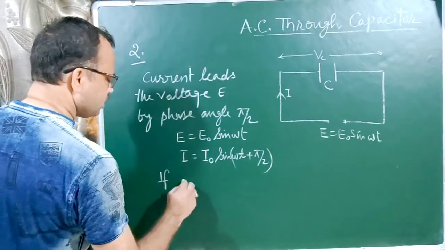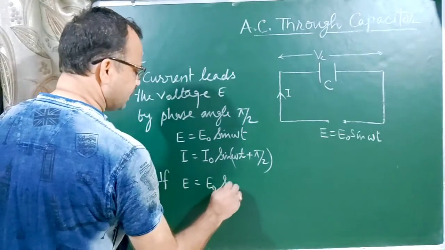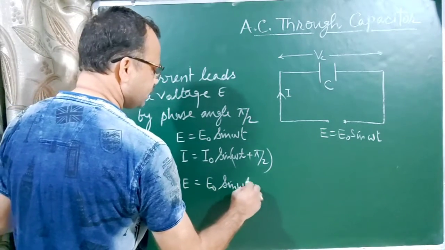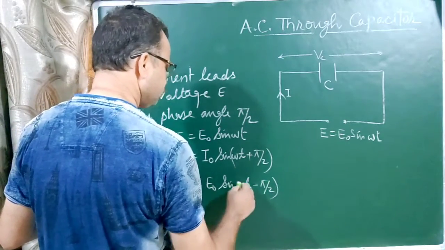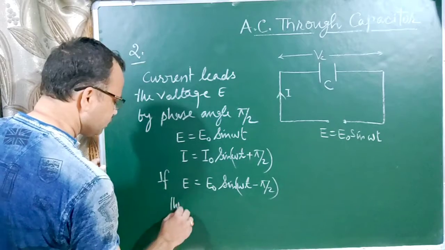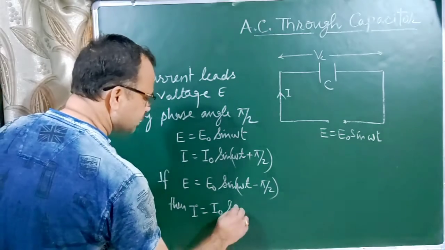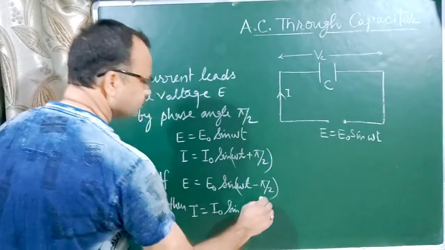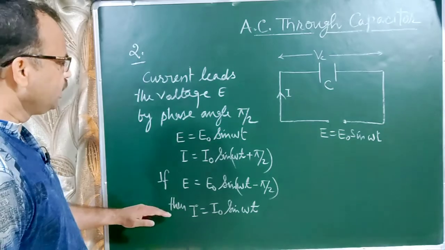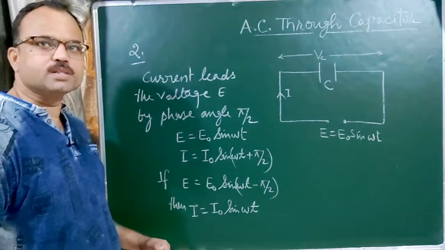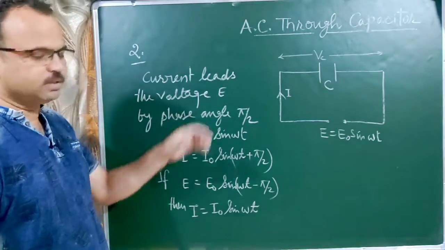If E equals E naught sin of omega t minus pi by 2, then the current will be I equal to I naught sin omega t. So the current always leads the voltage by phase angle pi by 2. This is the very important point about the capacitor.